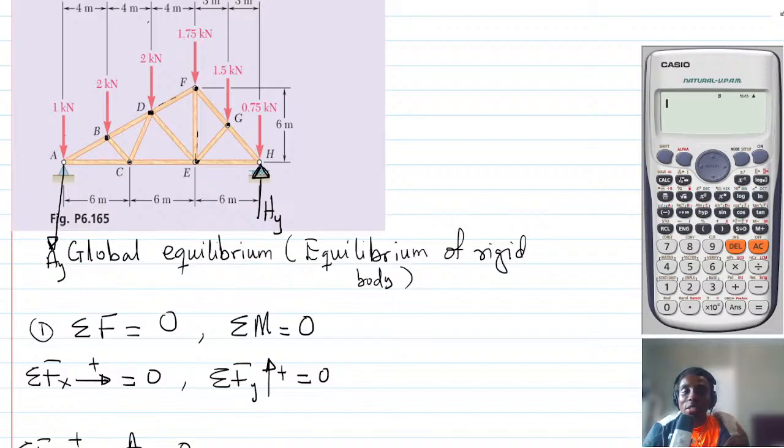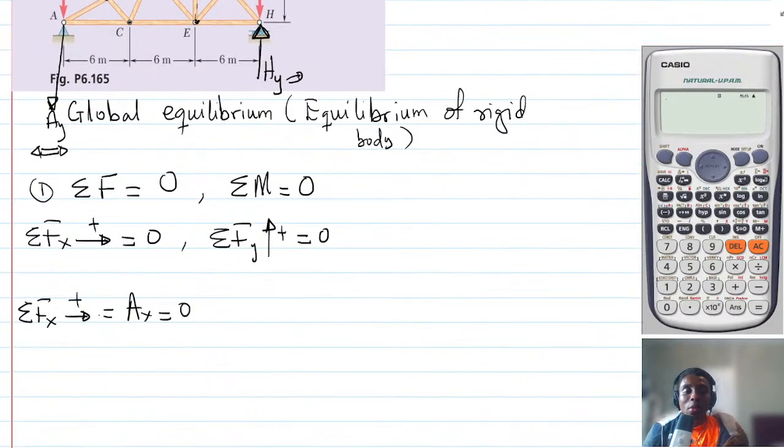So the question is, how can I find AY and HY, the support reactions? That is what we are doing now. Let's sum forces in the Y. Every force going up should be positive, and the sum is 0. That's what we said, equilibrium.